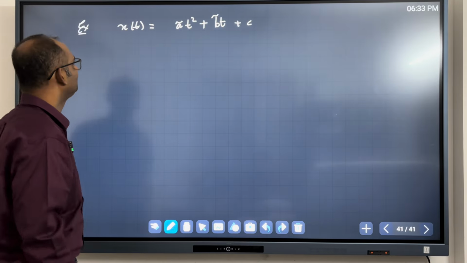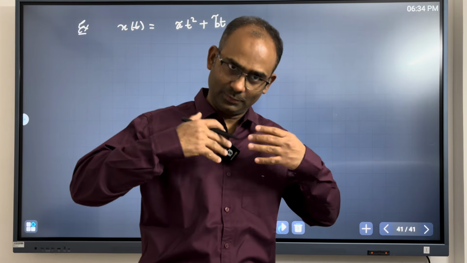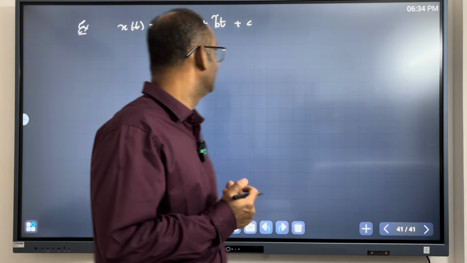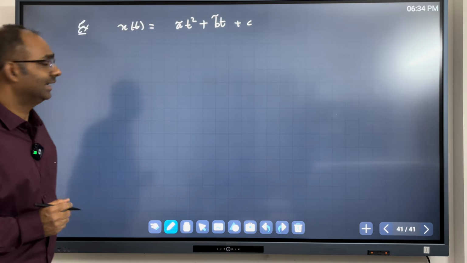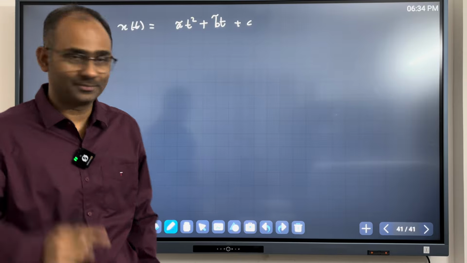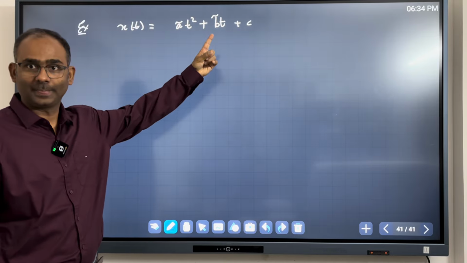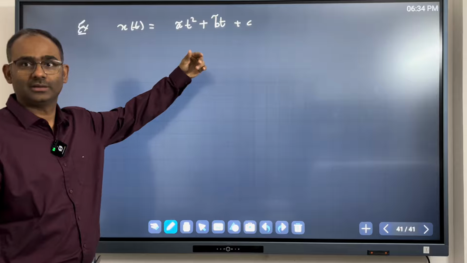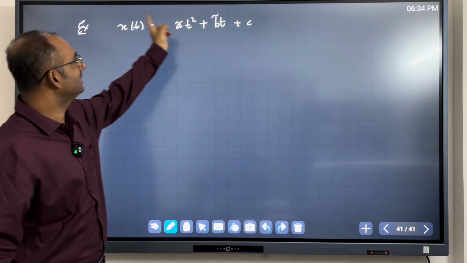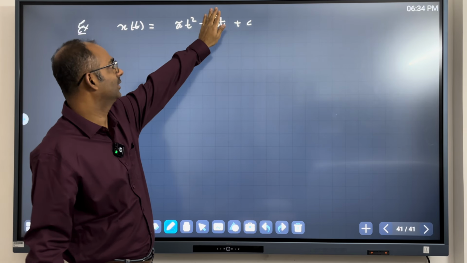Now let's ask, if an object is moving with this kind of time dependence, then what can we say about its velocity and acceleration? When I take the first derivative, velocity changes linearly with time and acceleration is constant. Very good. So when I take the first derivative, this will become proportional to t, this will become a constant, that will go away.